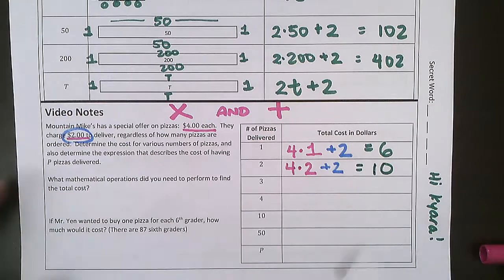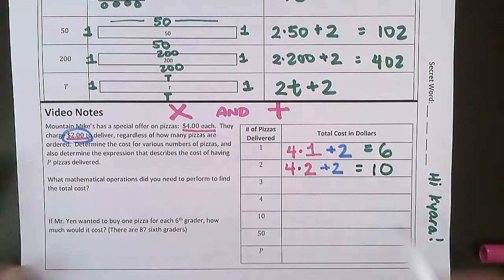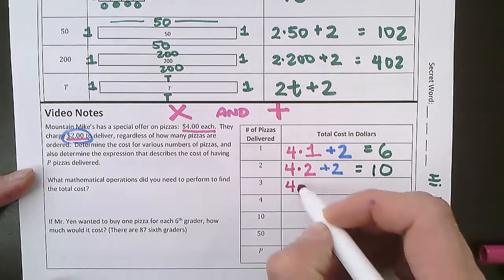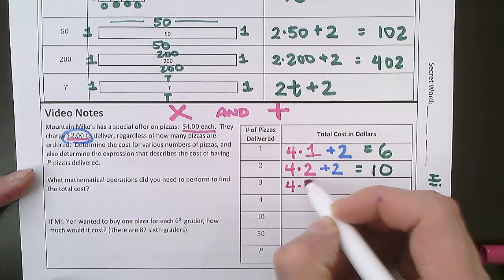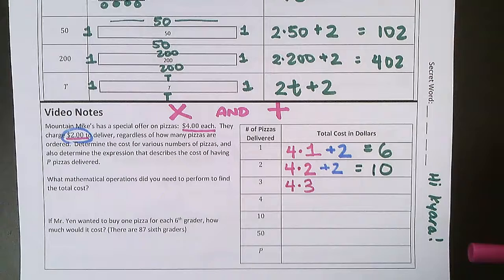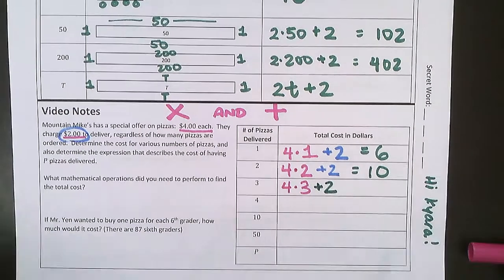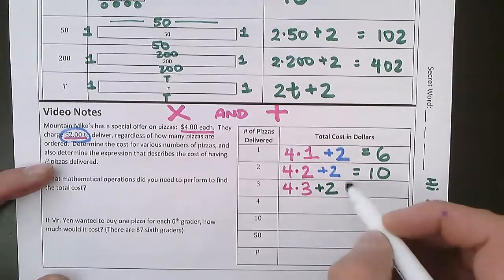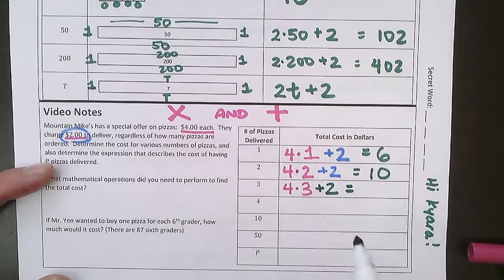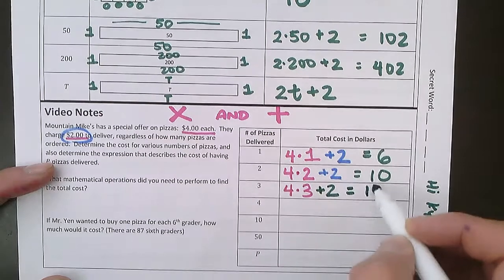Let's keep going. If there's 3 pizzas, $4 per pizza, times the number of pizzas, times 3 pizzas, plus the delivery fee. Oh, I used the wrong color. That's all right. And then, so 4 times 3 is 12, plus 2 is 14.